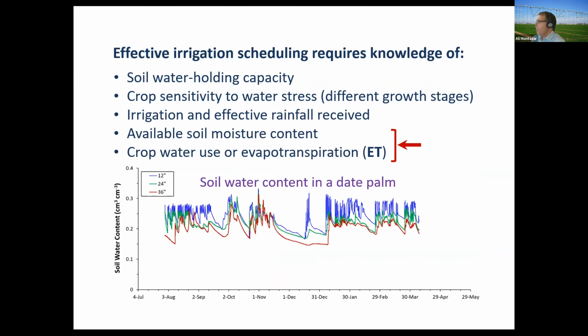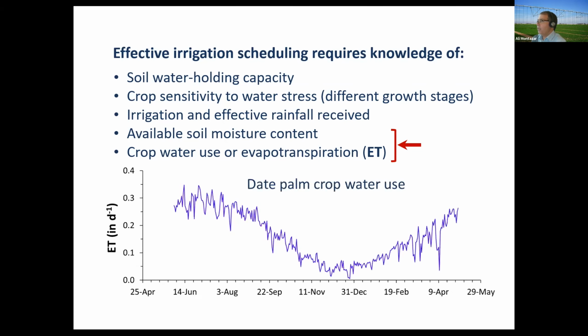So in this graph, you see soil water content at multiple depths in a date palm under drip irrigation. We see a lot of fluctuations here at different depths at different times. These fluctuations reflect irrigation events. This is another graph that shows crop water use by date trees in 12 months.